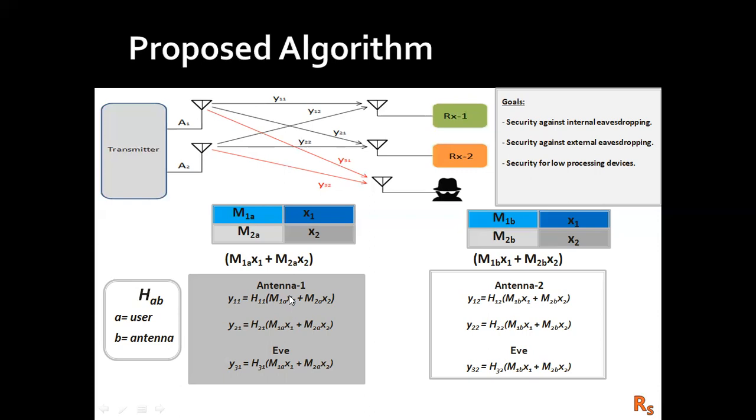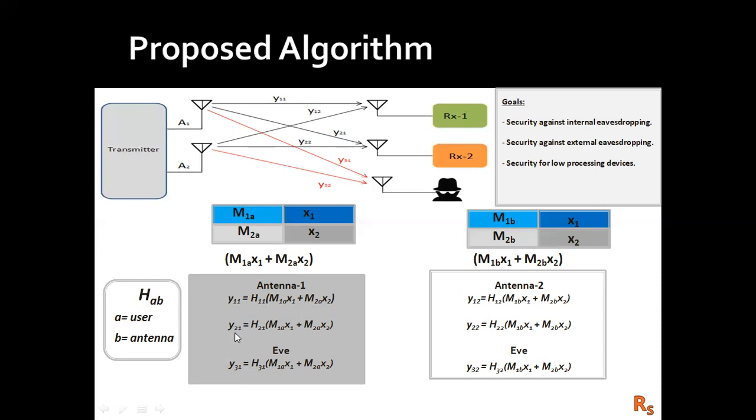So in the first round, when antenna 1 is transmitting, the M1A precoder is superimposed and multiplied with the data bits X1 of the first user, and M2A similarly is multiplied with the second user's data bits X2, and here H represents the channel between the first user and the first antenna.